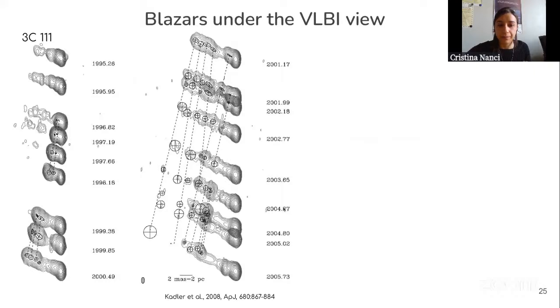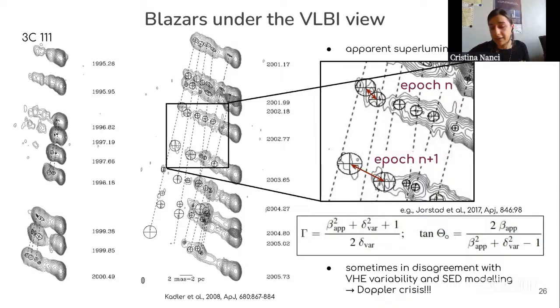And by observing the sources with certain time intervals, we also observe apparent superluminal motions that are due to these relativistic effects. Basically, we measure the distance between two components at different epochs, measuring the proper motion, the velocity with which these components moved. And from this, we measure superluminal motions, but we can also get information about the Lorentz factor and the viewing angle.